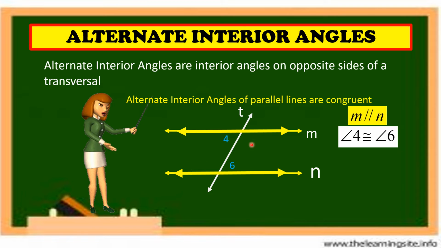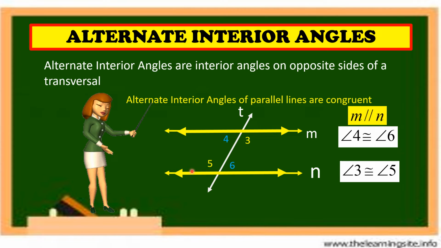So we have another pair of alternate interior angles. We have angle 3 and angle 5. So angle 3 and angle 5 are alternate interior angles of parallel lines. Alternate interior angles of parallel lines are congruent. Therefore, angle 3 is congruent to angle 5.